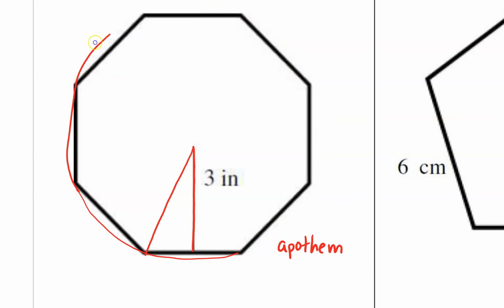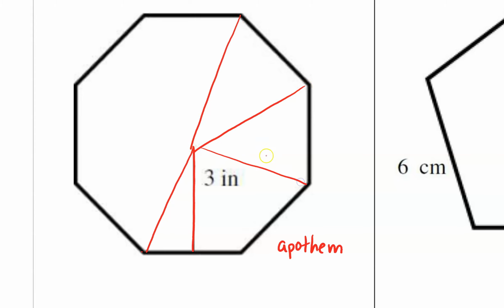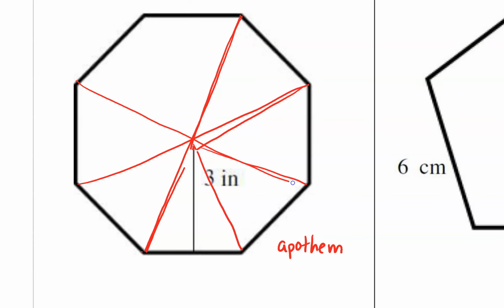All right, so what we're going to think about here is that this shape is actually a bunch of triangles all put together. If we can see that, then hopefully it'll make it easier to visualize. I'm going to start out with it looking like this. And excuse my bad drawing.